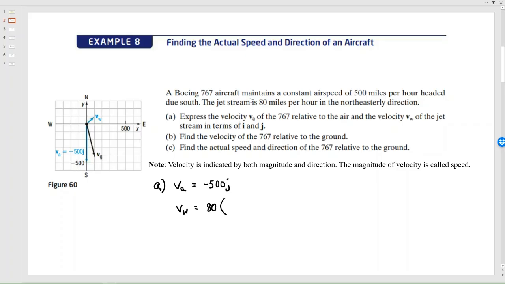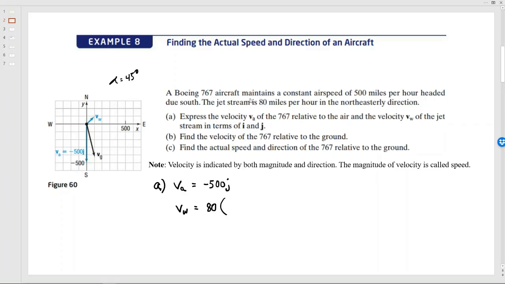And to put it in a northeast direction, we're going to use a 45-degree angle, so our alpha angle is going to be 45 degrees. So we're going to say 80 is the velocity, and then the direction vector for v sub w, and the velocity is on the outside.